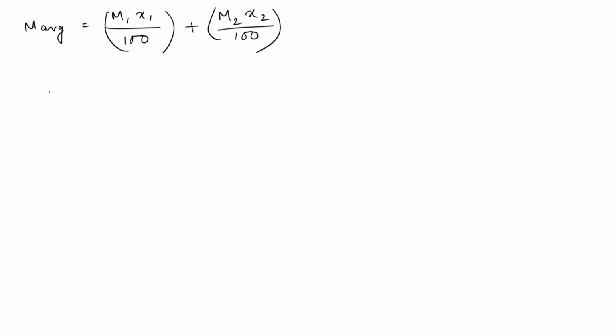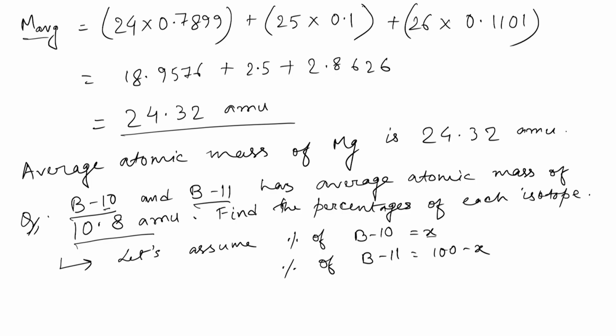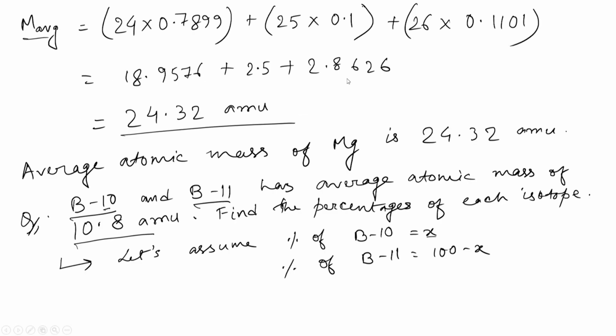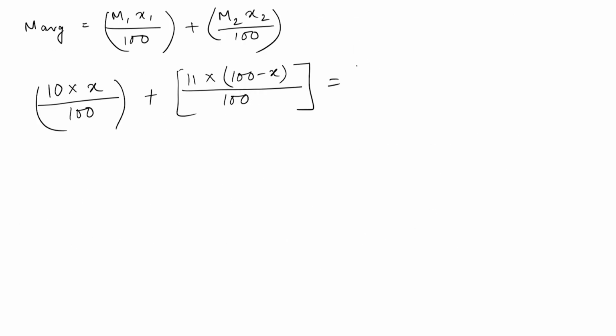So 10 into X by 100 plus M2 is 11, 11 into the percentage, which is 100 minus X for this isotope, by 100 is equal to the average atomic mass that is given, that is 10.8 AMU. Okay.